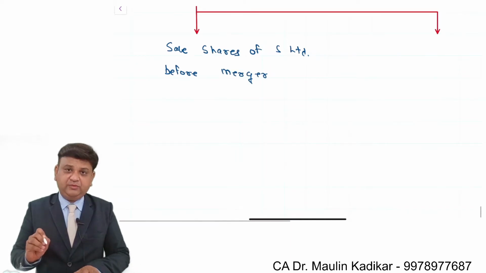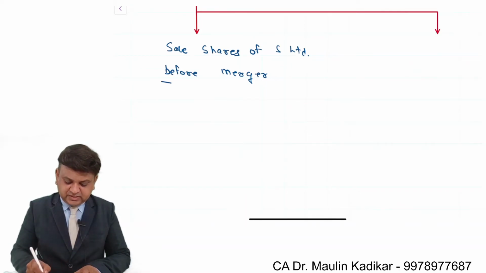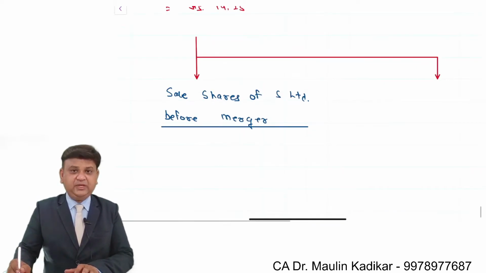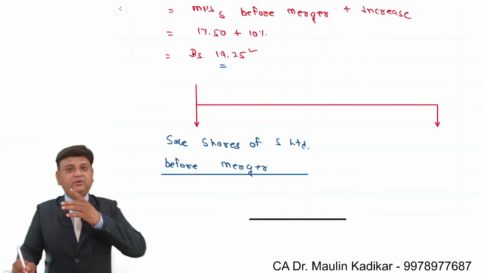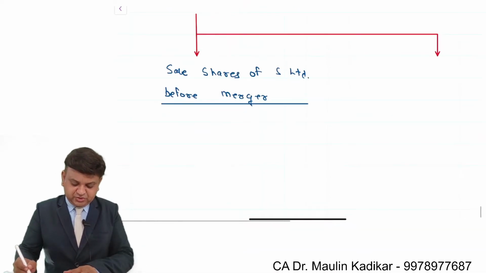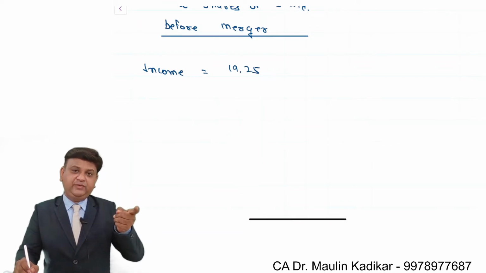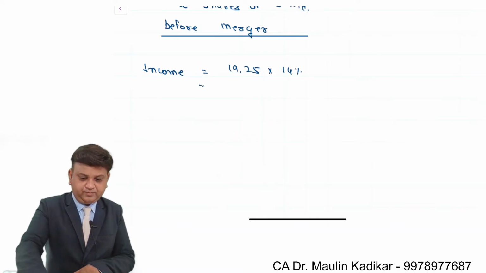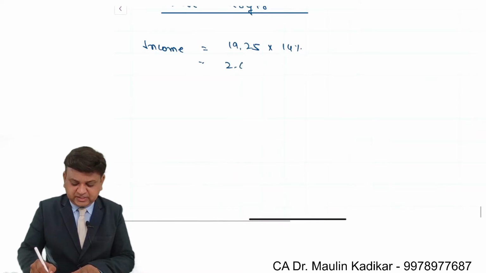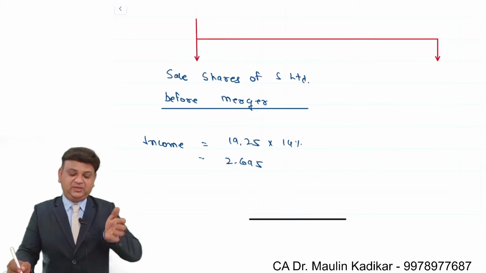It is just an announcement of the merger, and with that the price of the equity share increases. So you may sell shares of S Limited before merger, and per share you will realize 19.25, and this amount can be invested at the rate of 14%. So in that case, what amount of income will you have? It is 19 rupees 25 paise, that is the amount of the investment that you will make at 14%. So you will receive 2.695. This is the income that you will have if you offload the investment.